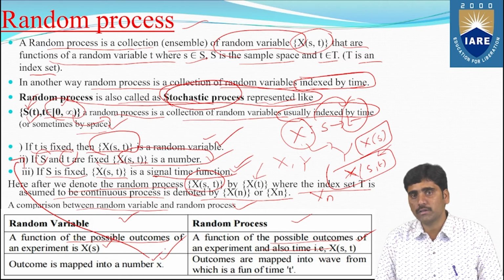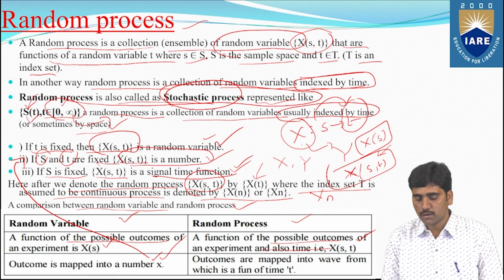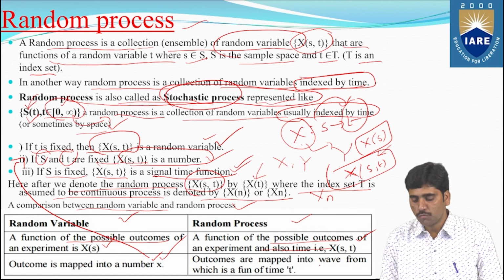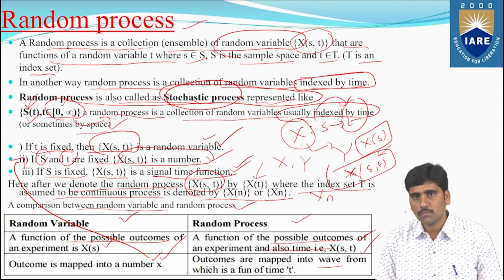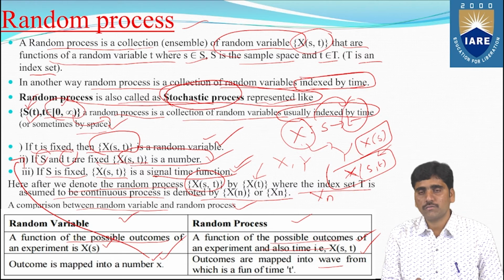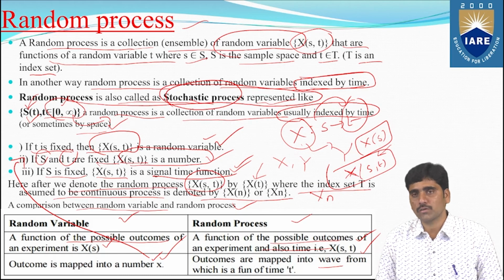Outcomes are mapped into a waveform which is a function of time t. So that is the way you can understand all this about the random process.